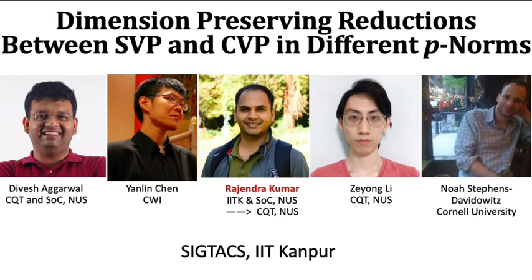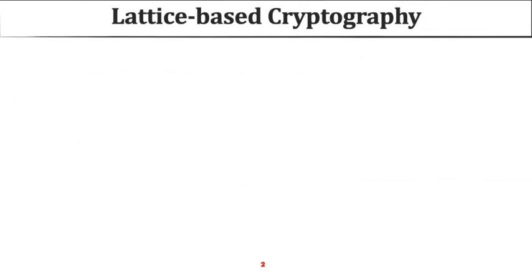Let's first see why we want to study lattices. The reason is lattice-based cryptography. At least for the last decade, the main reason to study lattices is lattice-based cryptography. The first reason is that lattice problems are conjectured to be secure even after quantum computers.